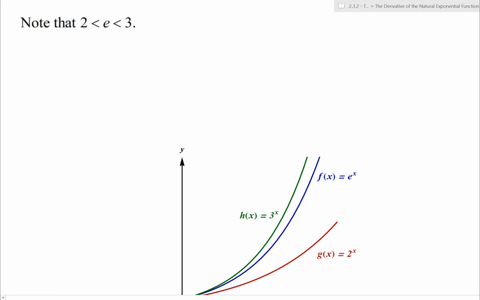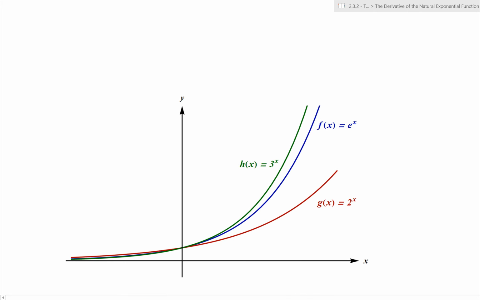And then if I consider the graphs of these functions, here, the red graph, g of x, is 2 to the x. The blue graph, f of x, is e to the x. And the green graph, h of x, is 3 to the x.